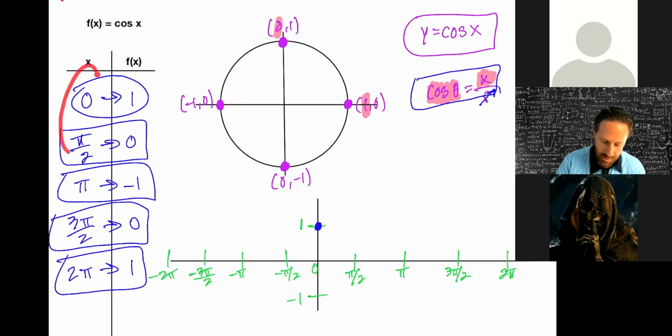Well, if you know these inputs, these angles yield these outputs, these ratios or y values, then you know the graph of cosine. It starts at what? 1. We got that. Then it goes to what? 0. Then what? -1. Then what? 0. And back to our 1.